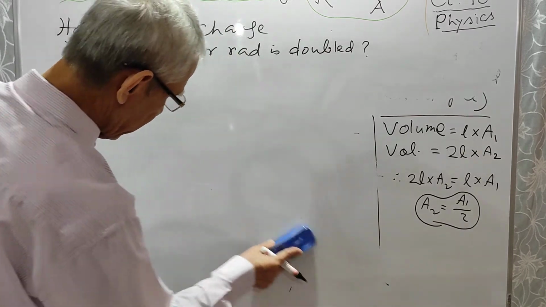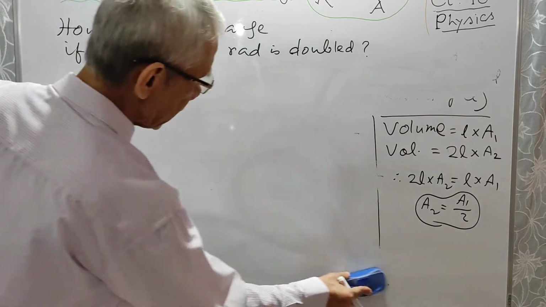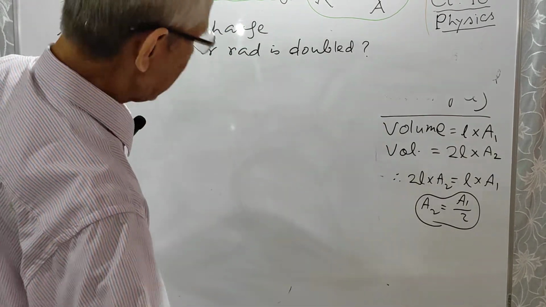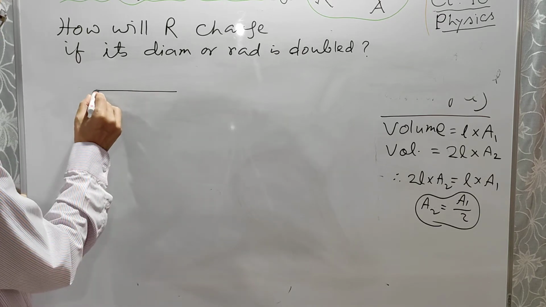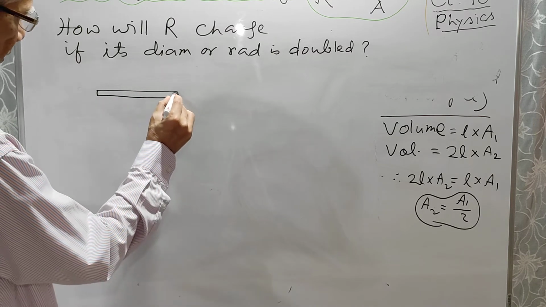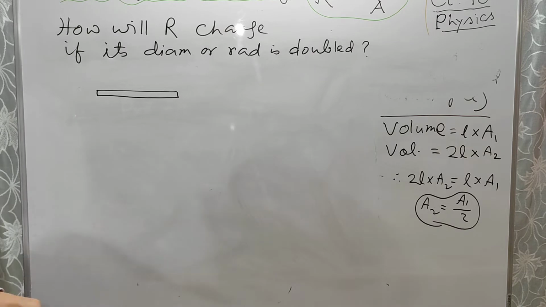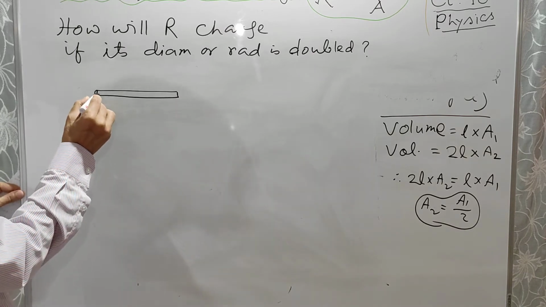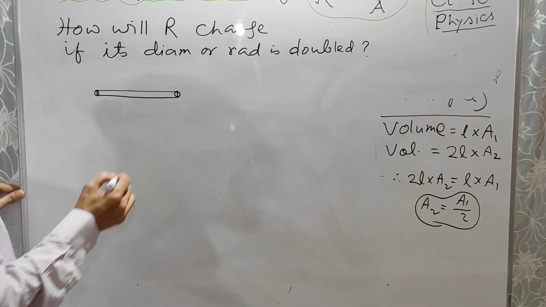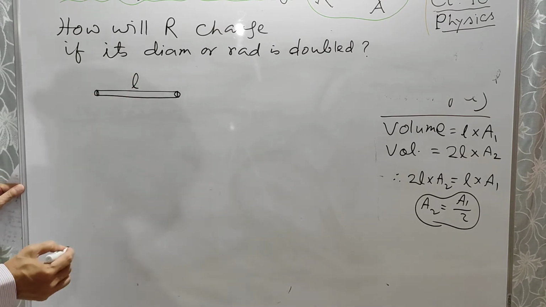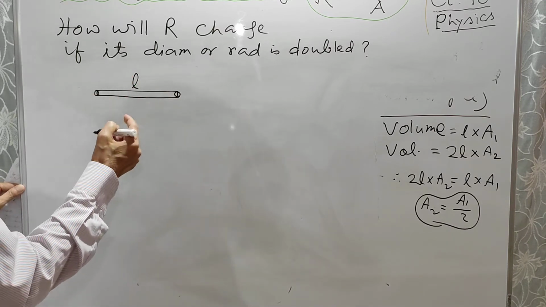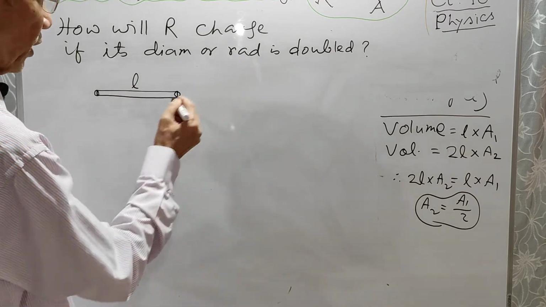All right. Now you see these two wires. This is the first wire. Now I have magnified it so that it looks like a cylinder. So this is the face, this is the face. Suppose the length is L. Now diameter is double.